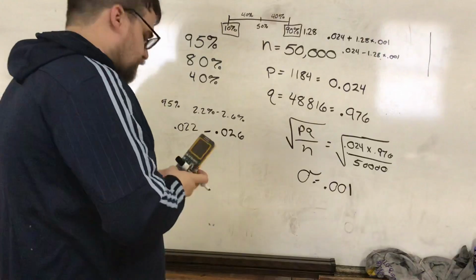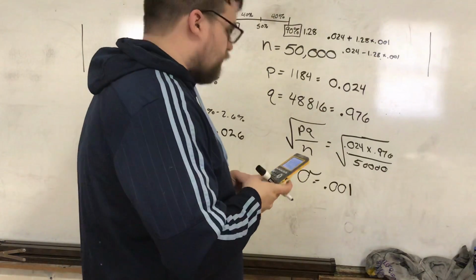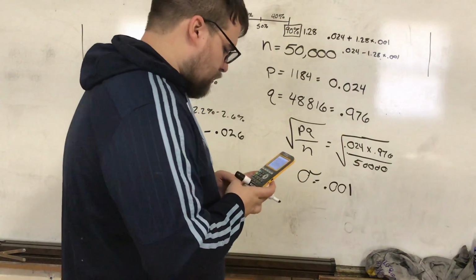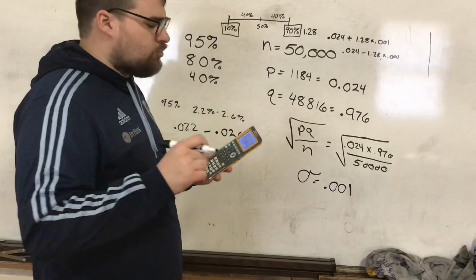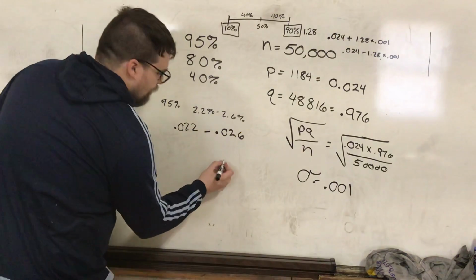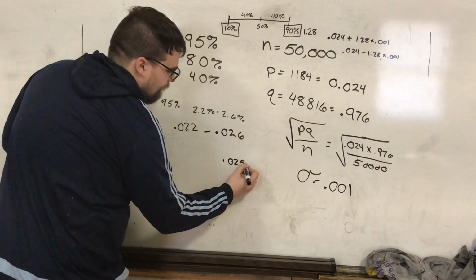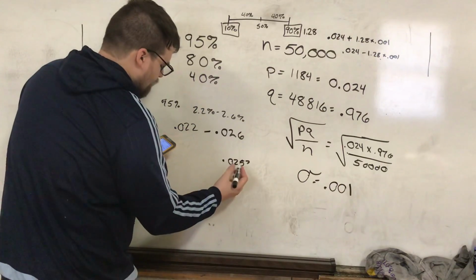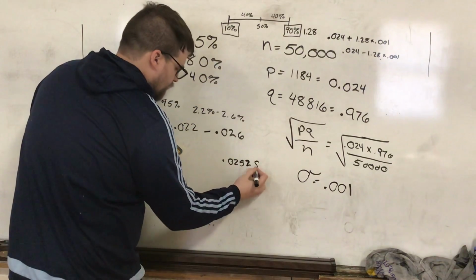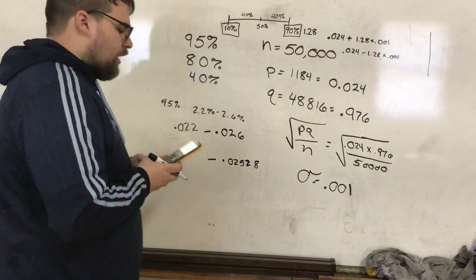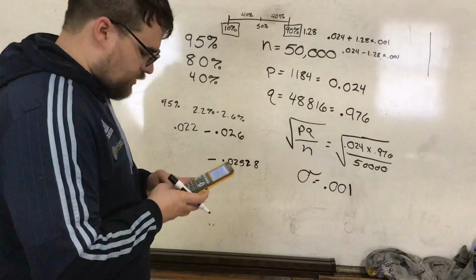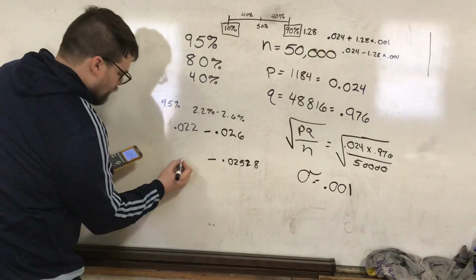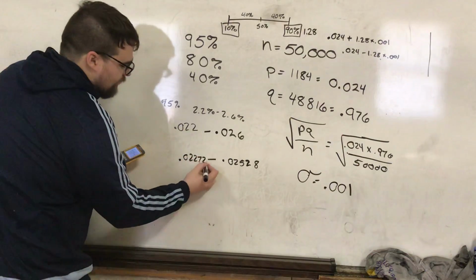So let's see what we get. 0.024 plus this number, we get 0.02528. And we get minus this, 0.02272.